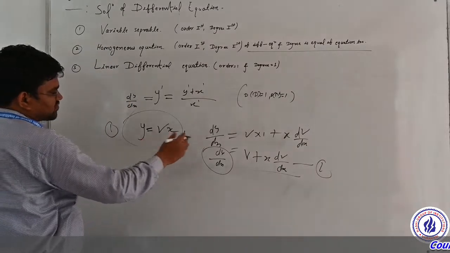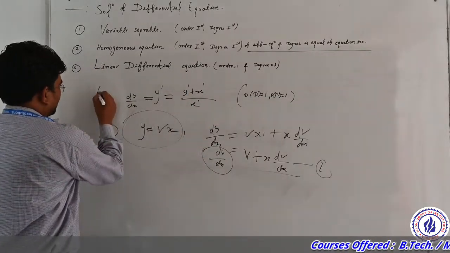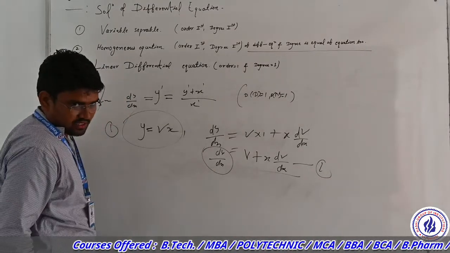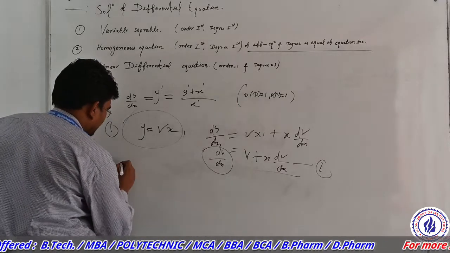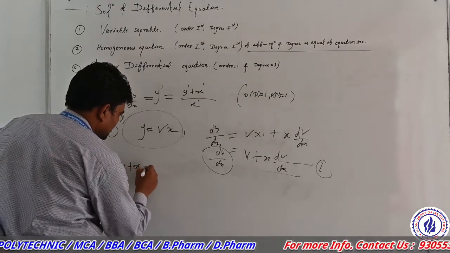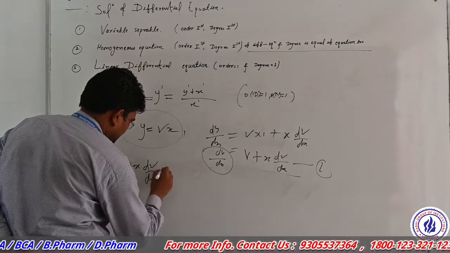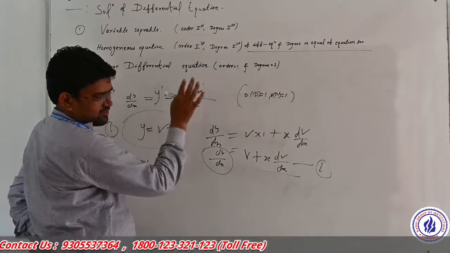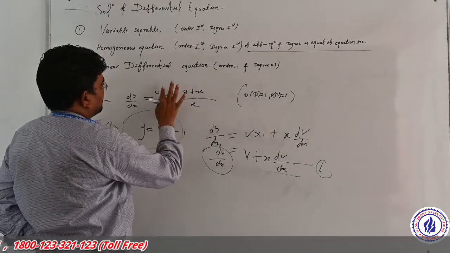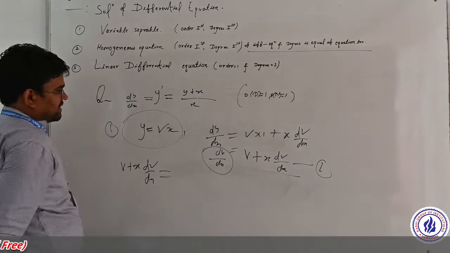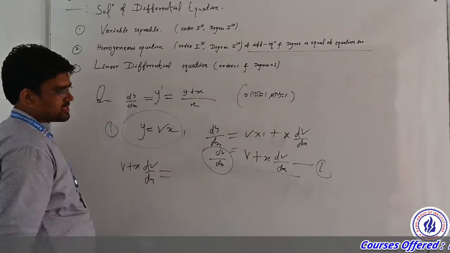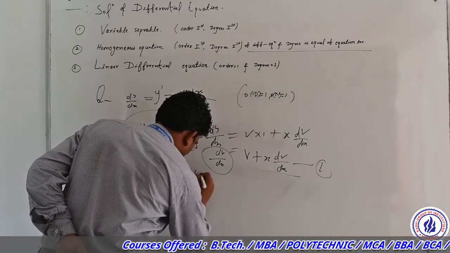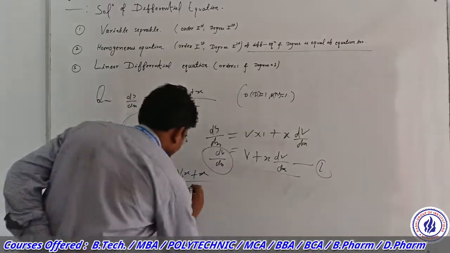On substituting these values in the given question, on the left side we have v plus x dv upon dx. Here the degree is 1. On the right side, in place of y we put Vx, so we have Vx plus x upon x.